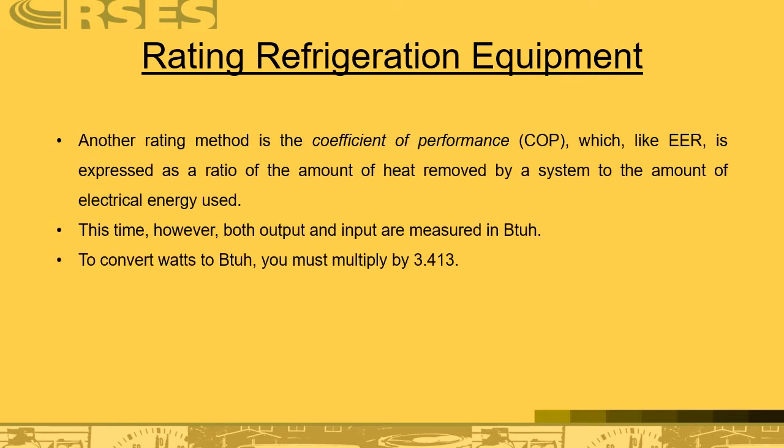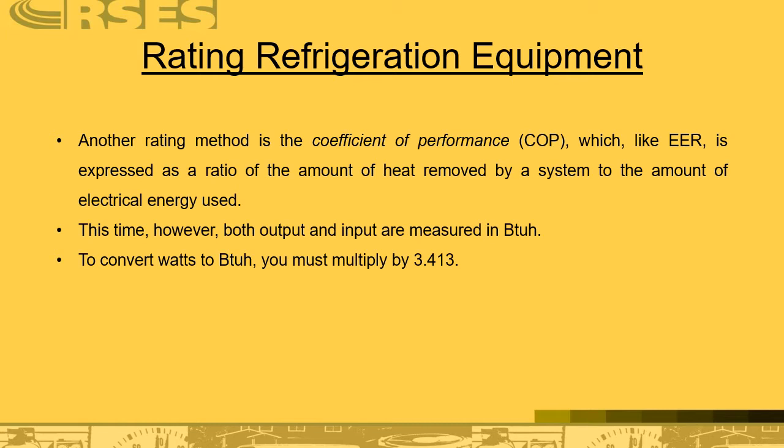Another rating method is the coefficient of performance, COP, which like EER is expressed as a ratio of the amount of heat removed from the system to the amount of electrical energy consumed. This time, both the output and the input are measured in BTUs per hour.